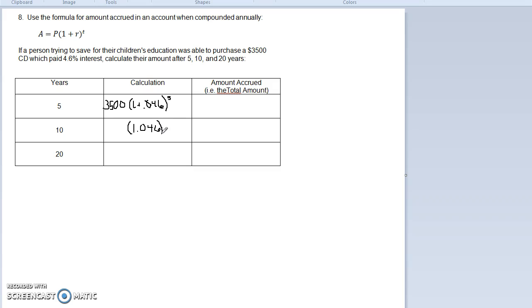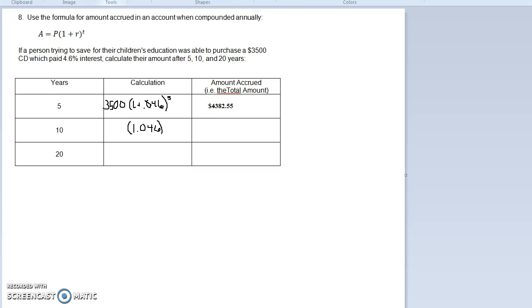You can add them together. So this first one, $3,500 times 1.046 to the power of 5 comes out to be, I'm going to type this, $4,382, and if you round it correctly, it's 55 cents.